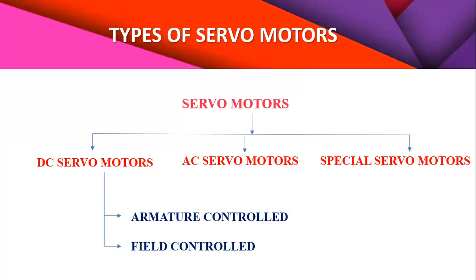Is the armature winding provided on the stator, or on the rotor? Field winding on the rotor sir, armature winding on the stator sir. Wrong. Field winding is provided on the stator and armature winding is provided on the rotor. Okay?